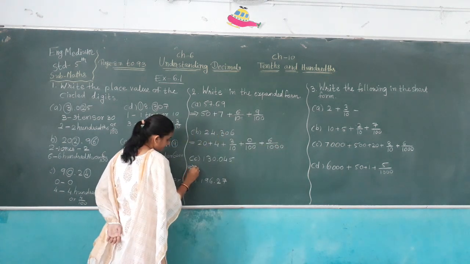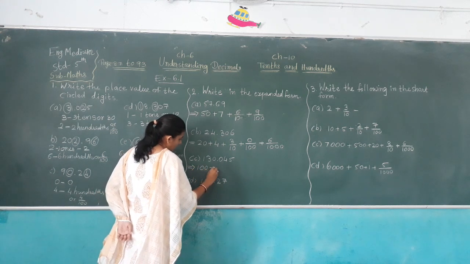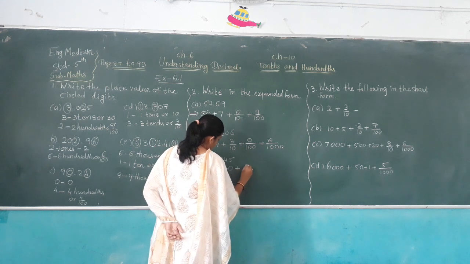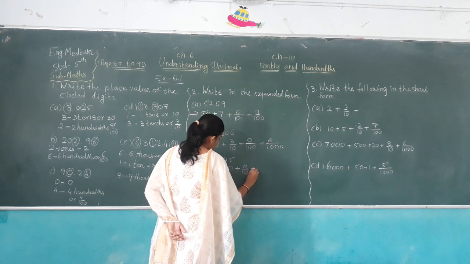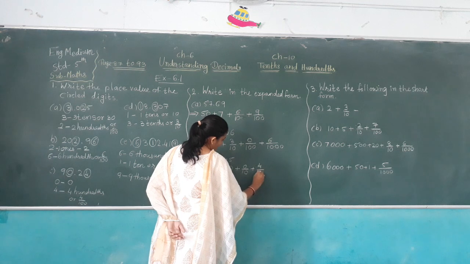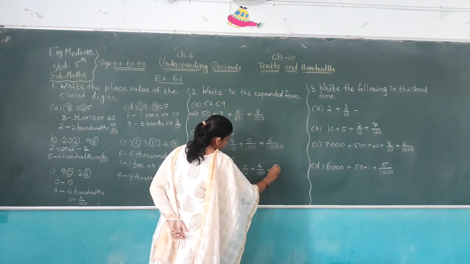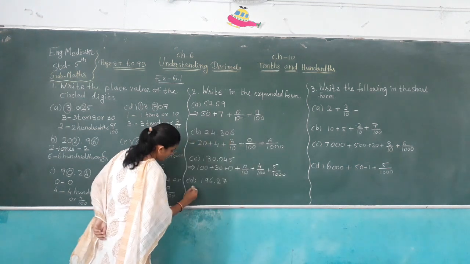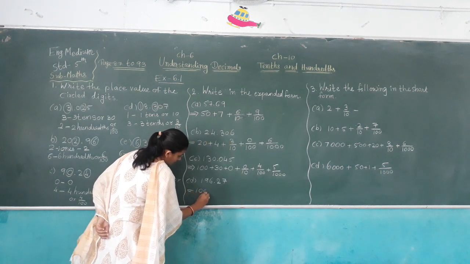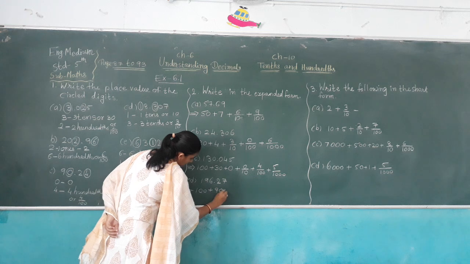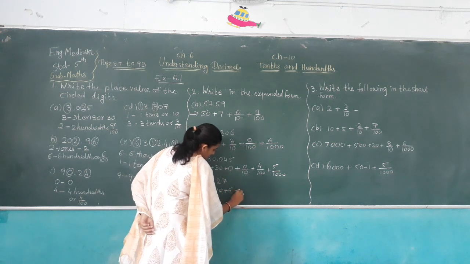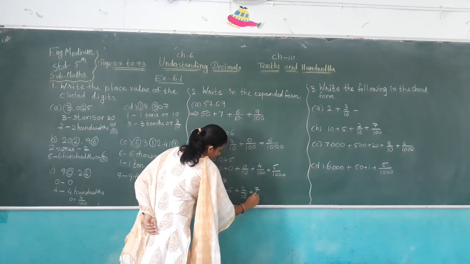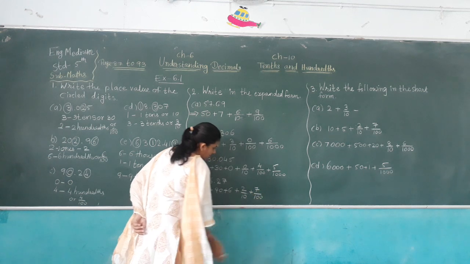Another one: 100 plus 30 plus 0 plus 0 out of 10 plus 4 out of 100 plus 5 out of 1000. Last one: 100 plus 90 plus 6 plus 2 out of 10 plus 7 out of 100.